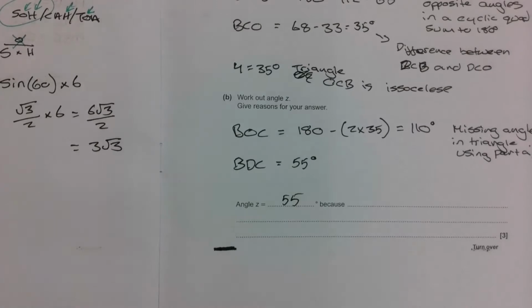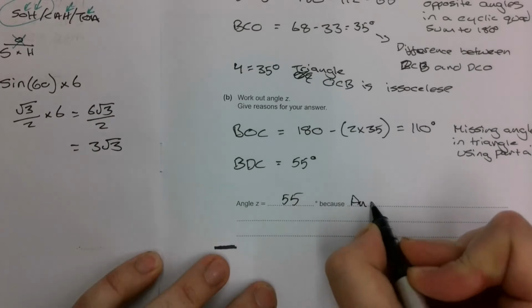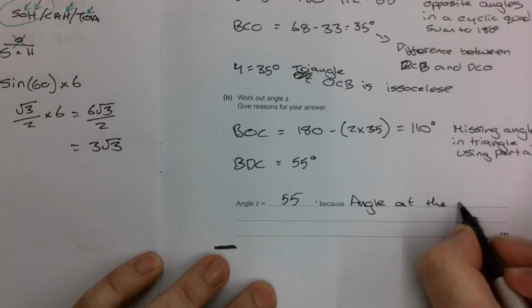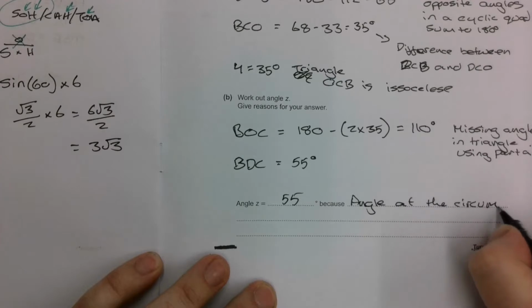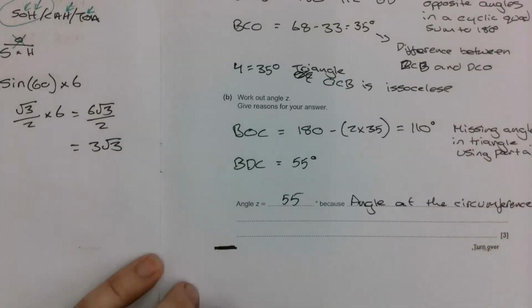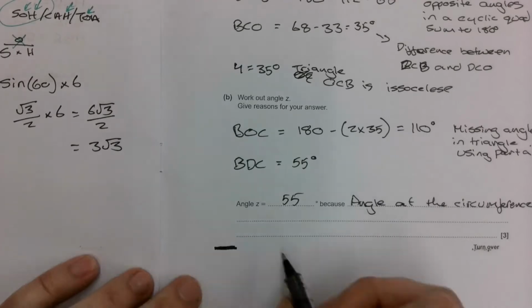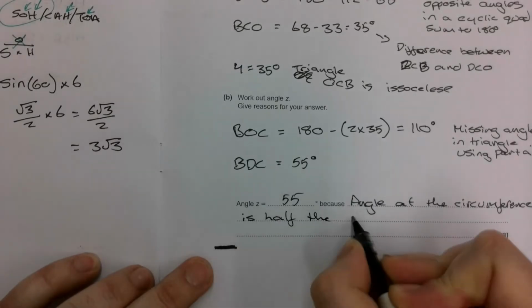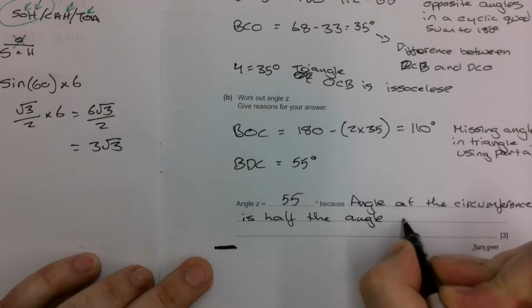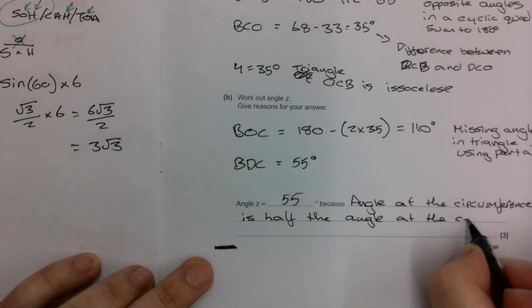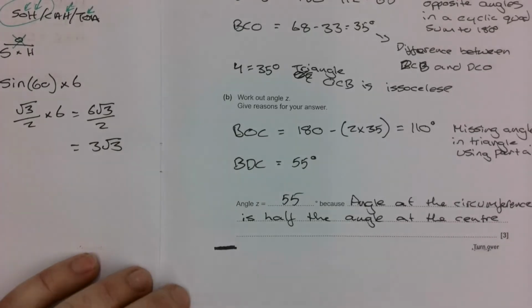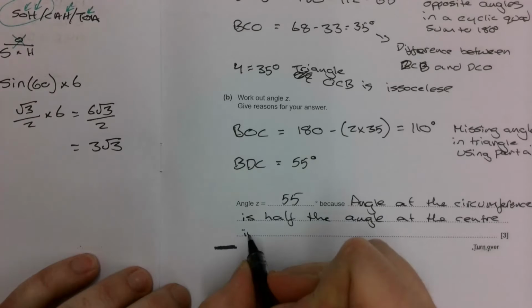And the reason is the angle at the circumference is half the angle at the centre when we're in the same segment.